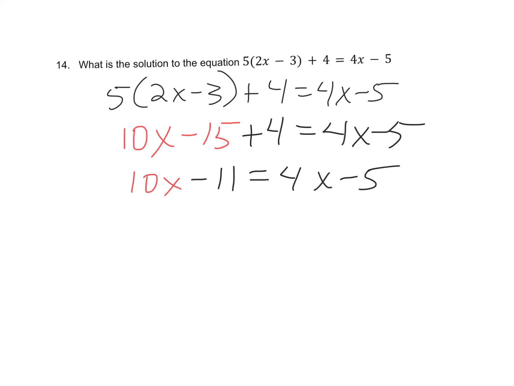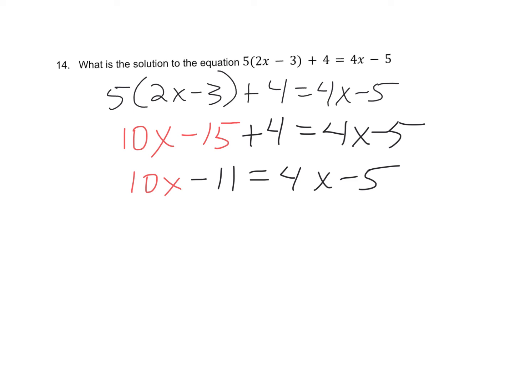Okay. Now I'm going to continue to just try to get the constants together. So over here, I have a minus 11. I'm going to get rid of it on this side by adding 11. And remember, if we do something on one side of the equation, we have to do the exact same thing to the other side of the equation.